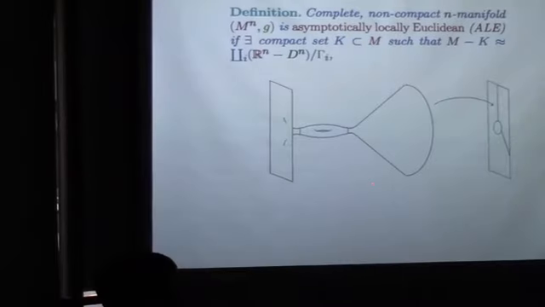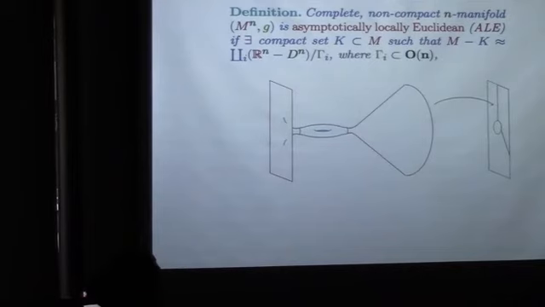So the definition is pretty similar to what we said before: you can cut out a compact set, and what's left over looks like a bunch of things which are essentially Euclidean, but with one key difference. Rather than assuming that each end looks like Euclidean space minus a ball, one can consider quotients of Euclidean space minus a ball by a finite group.